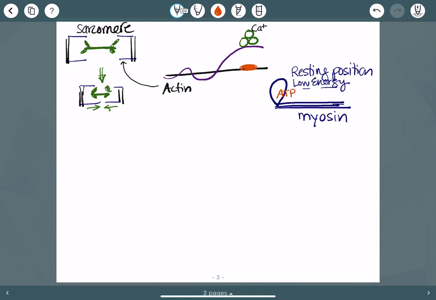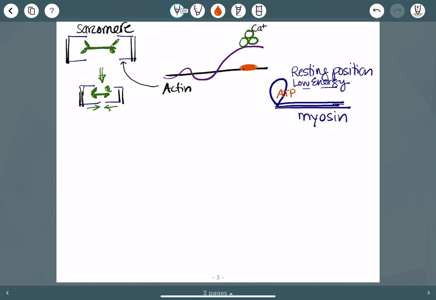ATP is a molecule that stores energy, and you can actually break off one of those phosphates. So triphosphate stands for 3 phosphates. If you break off one of those phosphates, it will release energy that can be used by the cell for cellular work. So in the resting position, ATP can be bound, but you haven't yet used any energy.